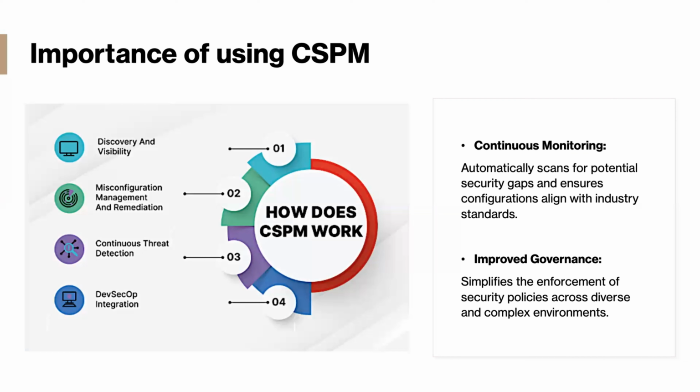It tells us some of its importance or benefits, or you can even use the word goal. What is it? Performing discovery and visibility, right? Discovering new threats, discovering new ways to protect your cloud services, discovering new ways to attack outside resources that are trying to harm your cloud environment. The other key areas, right? We talked about misconfiguration earlier on, managing as well as remediating once you've had an attack or incident within the cloud.